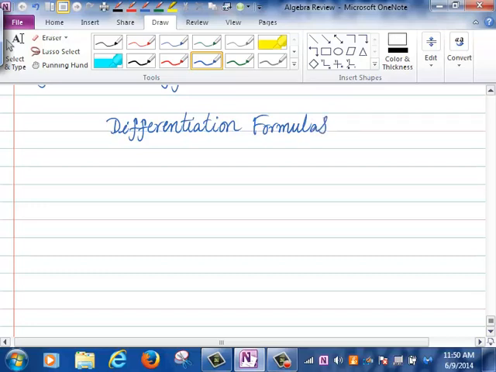So what are the formulas? The first one is the following. This would be called the power rule.